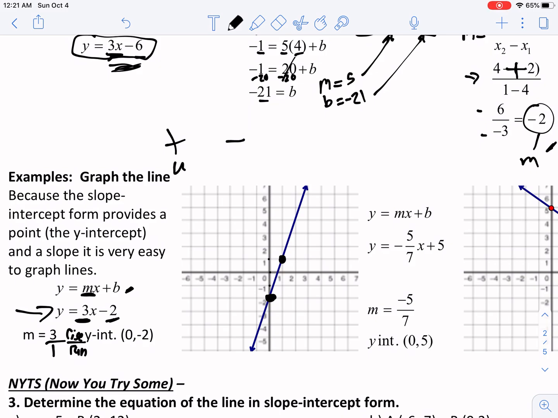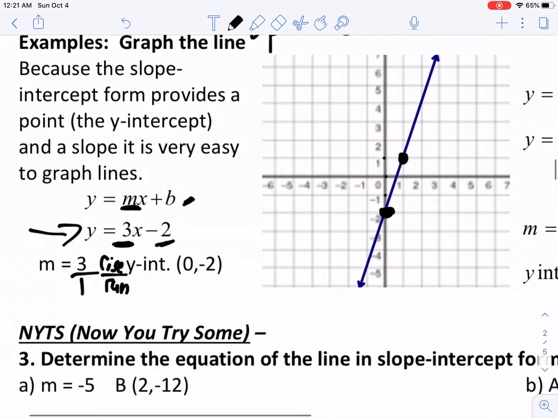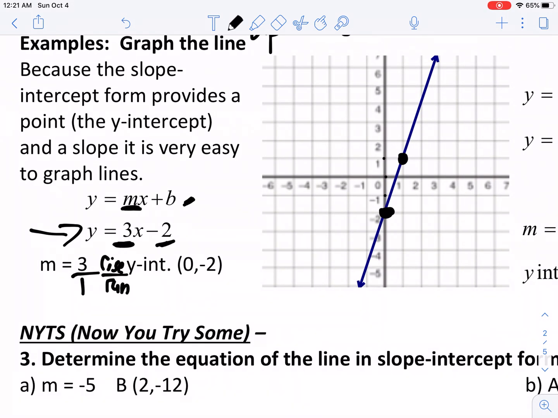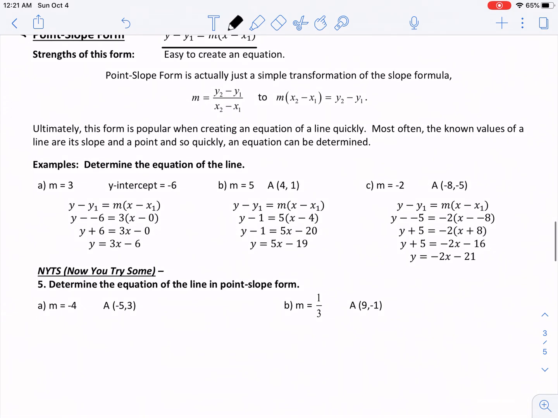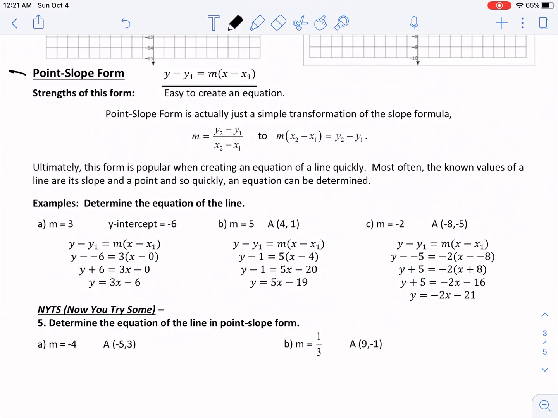So positive up, negative down. Okay, and what I'm referring to is our slope. So if we have a positive m, we're going up. If we have a negative m, we're going down. Okay, so in this case, we had a positive slope, so we went up 3 units and we went to the right 1. Okay, let's see if we can get through these next examples fairly quickly.